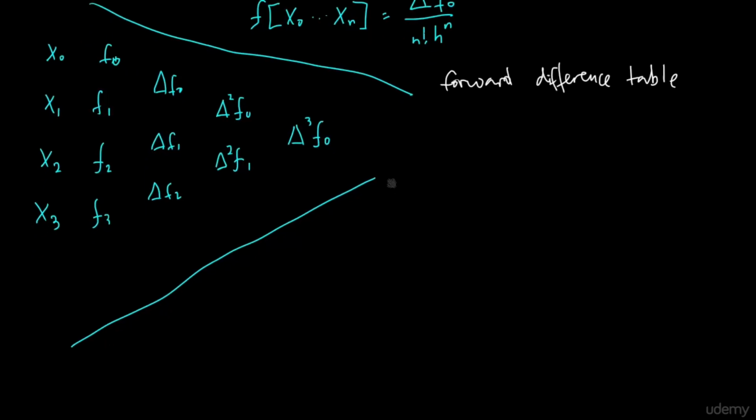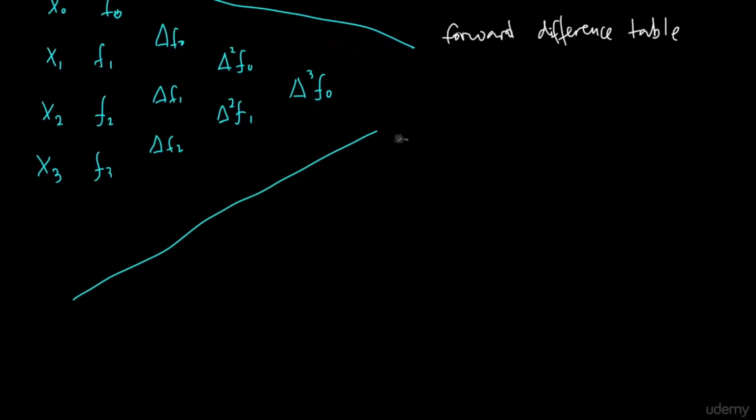Okay, so what we're going to do now is a bit of a trick. We're going to do a change of variables so that instead of talking about discrete points like 0 and 1, remember we have to find the values between the points. So we can introduce some variable which will indicate how far we are in terms of h, because the distance between these 2 points is h.